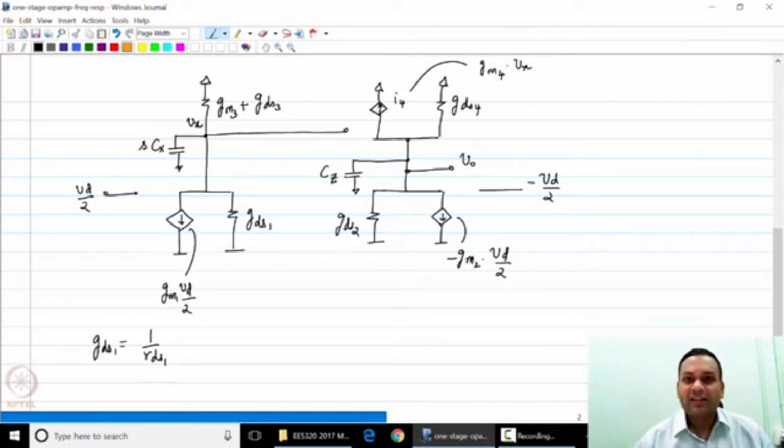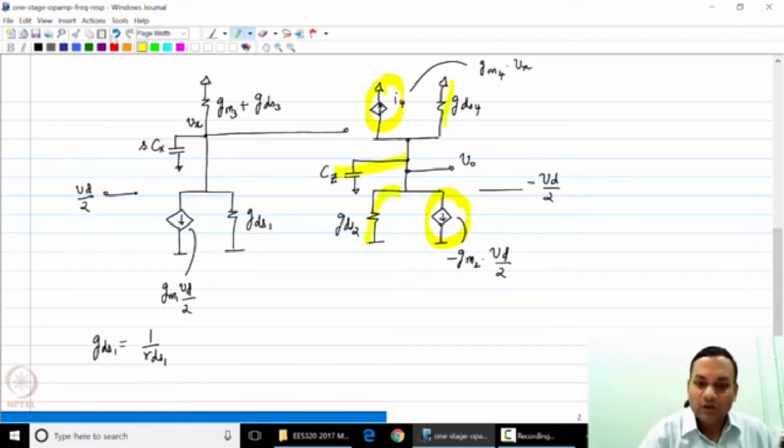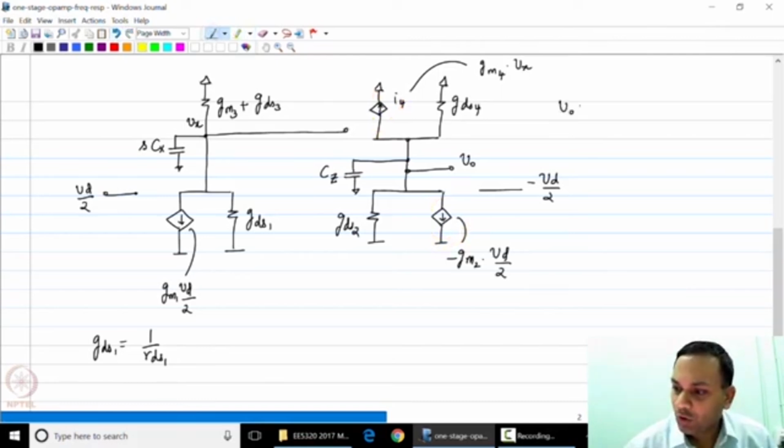So now we can start looking at the signal progression through the circuit. So let us first look at the output node. We can now see that voltage VO is created by these two currents flowing into these three impedances. So we will write VO to be equal to minus I2 plus I4.